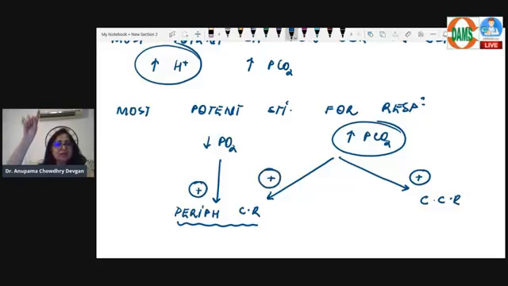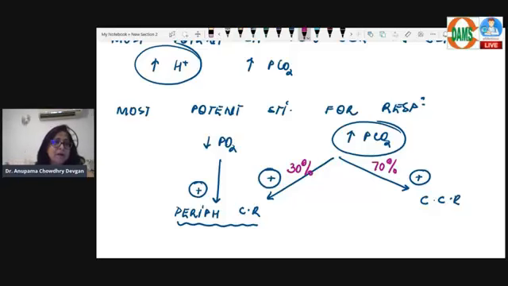If you look at the list of stimuli for peripheral chemoreceptors, increase in PCO2 is one of them. Increase in PCO2 will also stimulate the central chemoreceptors. But again, important point, 70% of action of increase in PCO2 is because of its effect on central, and 30% is because of its effect on peripheral.